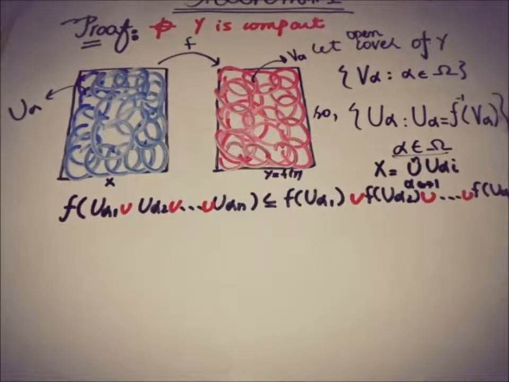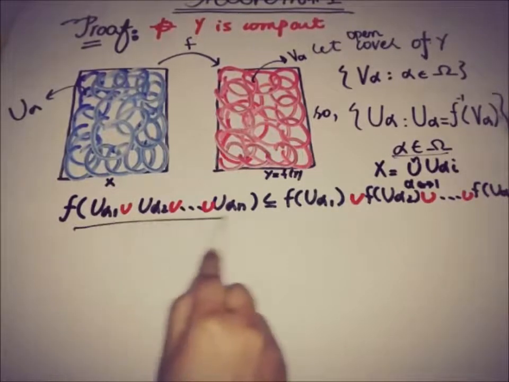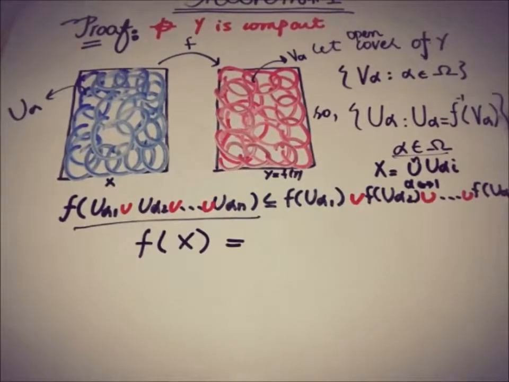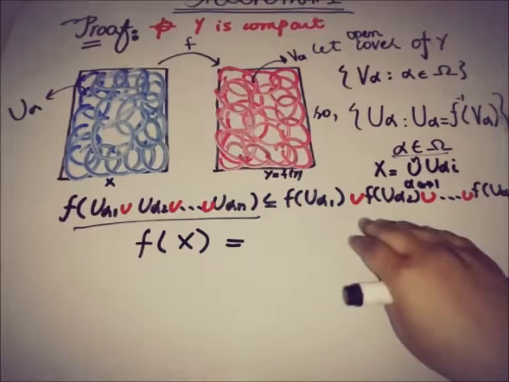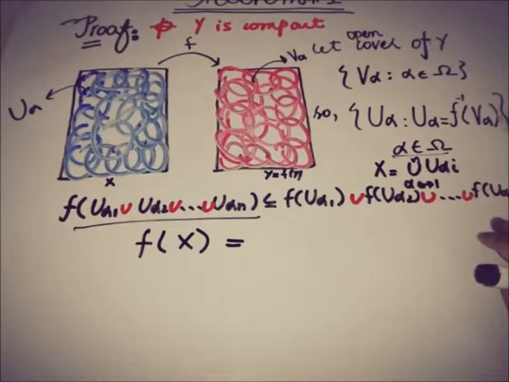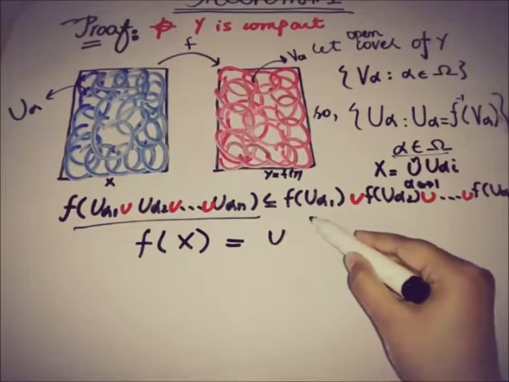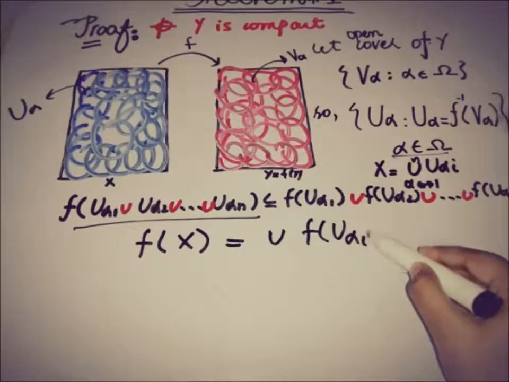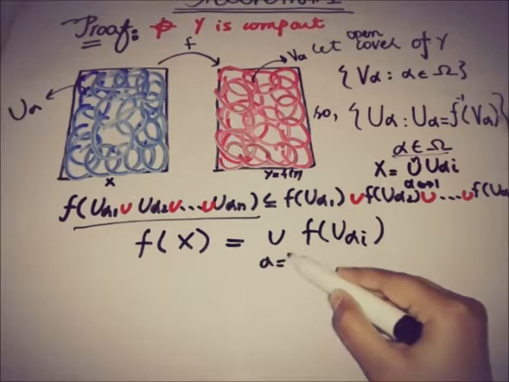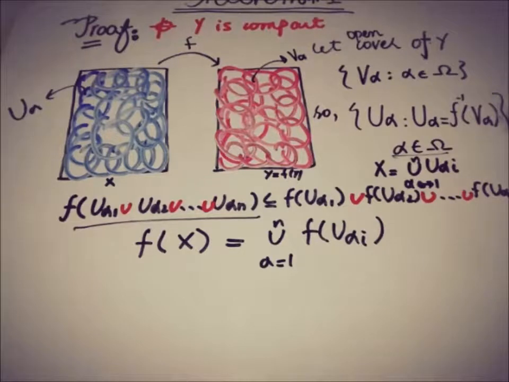So as X is the union of all of the U alpha i, we can write all of this as f of X, and this is f of the union of U alpha i, where i goes from 1 to n. And what is U alpha i?